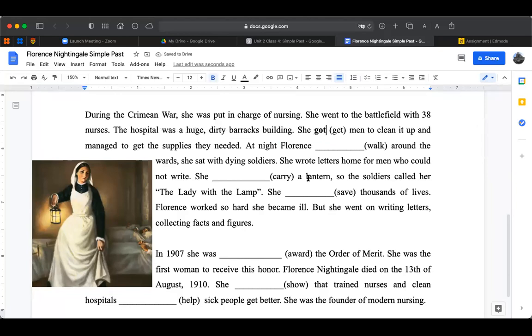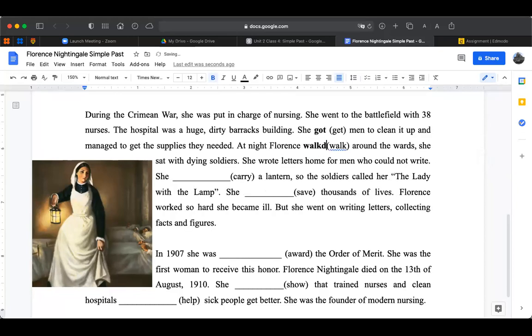She got it. She meant to clean it up and manage it, and to get the supplies they needed. Very good. At night, Florence walked around the walls, and she sat with dying soldiers. Very good. Okay, pick someone else to continue.